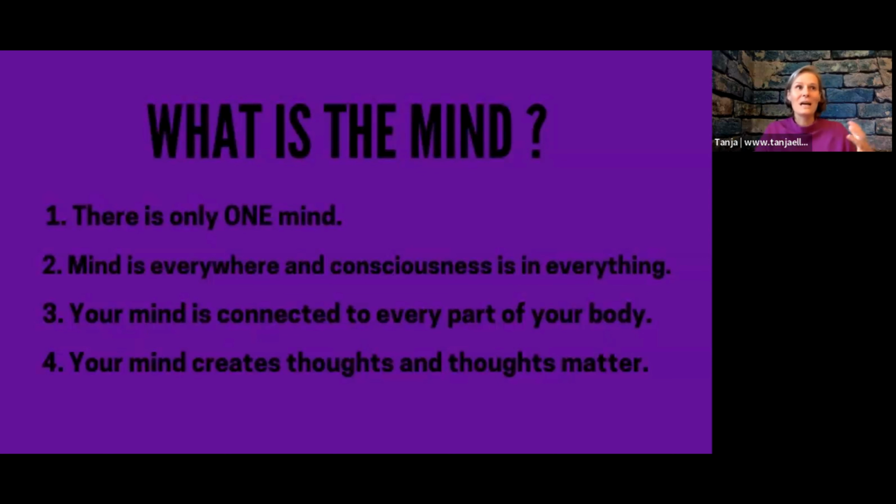We can go to animals and understand that they are somehow conscious, and we can also communicate with them. If we have pets, we understand that. But already in the plant kingdom, for most of us, it's a little bit difficult to attribute consciousness to a plant if you are not familiar with that concept. It goes further. We want to extend our experience and understanding of consciousness towards everything that exists.